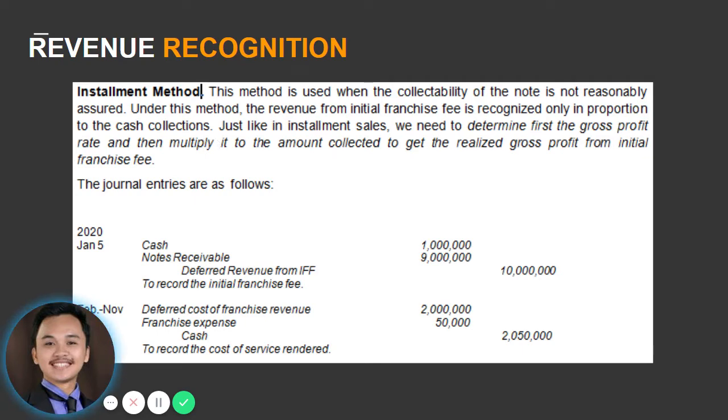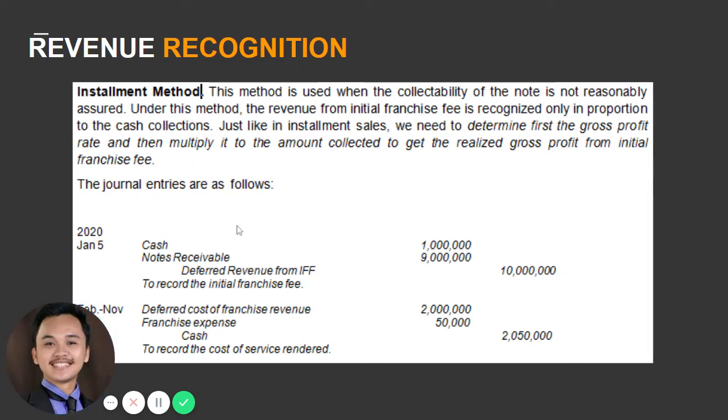So in this case, we will compute the gross profit rate and then multiply it to the total cash collection for a year. Whatever portion the cash collection is, multiplied by the GPR, is what we will recognize as realized gross profit for the year. Just like how we computed realized gross profit in our discussion of installment sales.